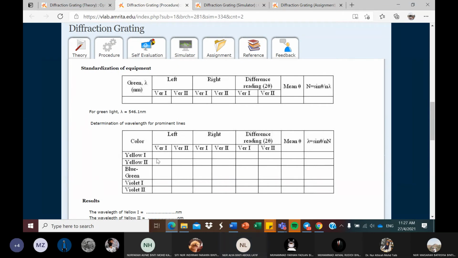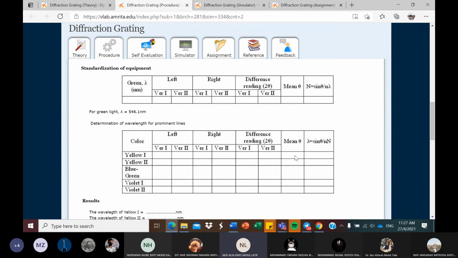So we do the same as the green line: we fill in the whole schedule, and the difference reading and the mean are also the same as the green line.